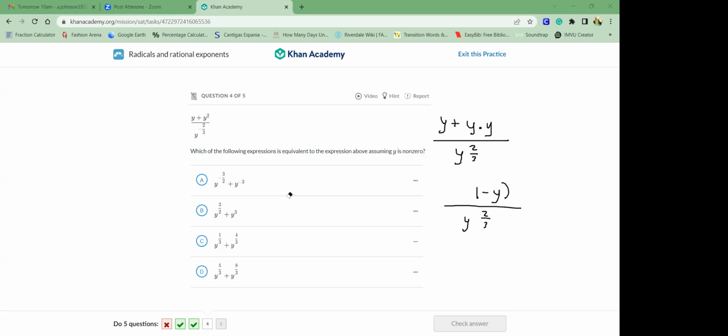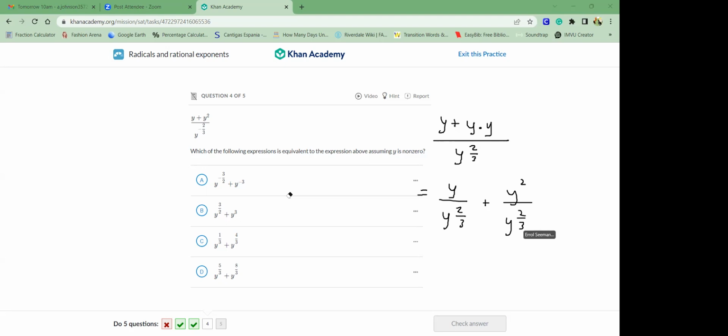Actually, let's rewrite this line. So the y to the 2/3, this right here, goes into both that and that. All right, so let's rewrite it. So it's really like y over y to the 2/3 plus y squared over y to the 2/3.